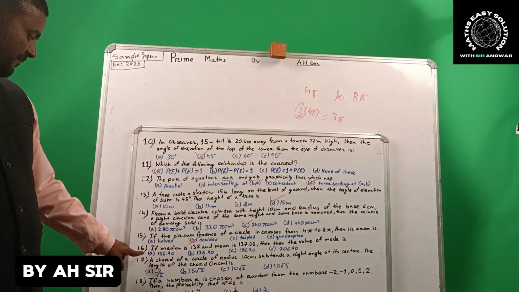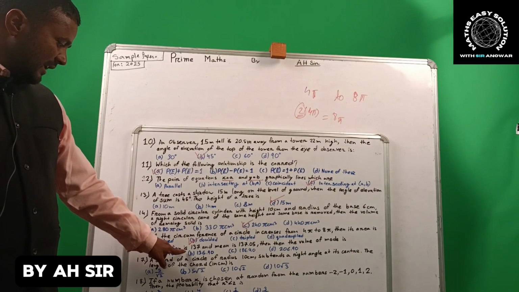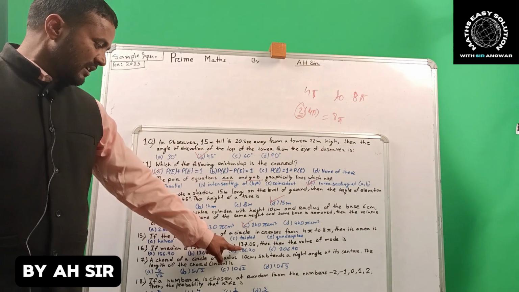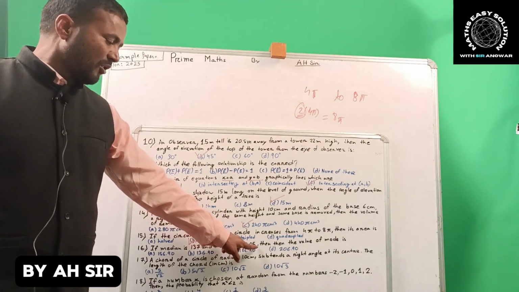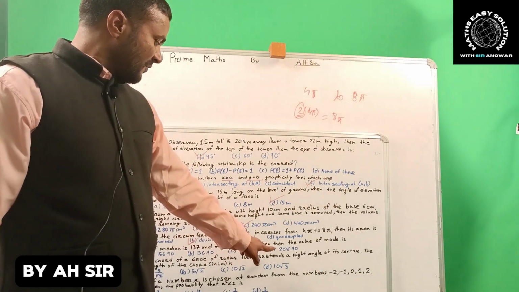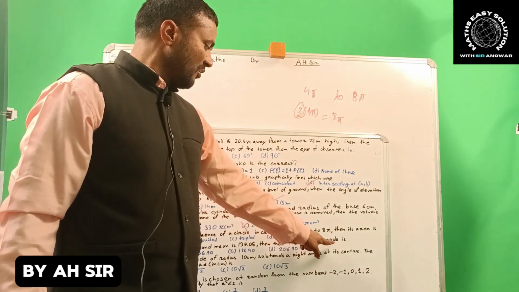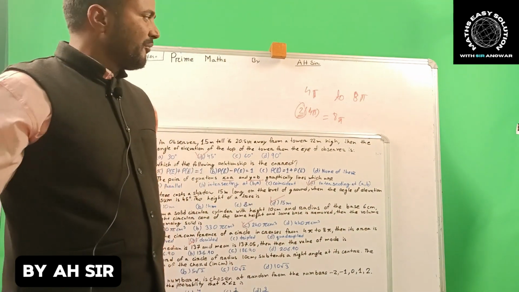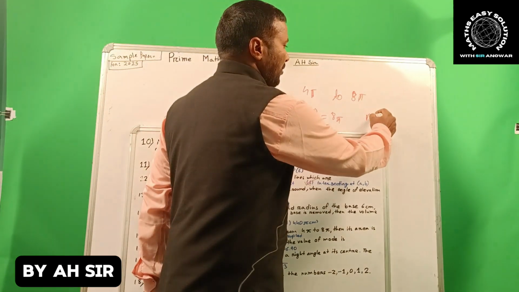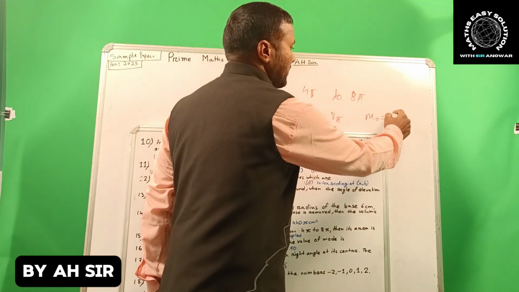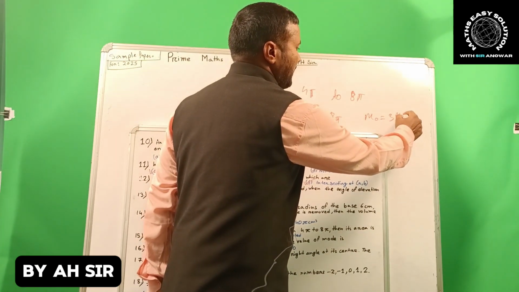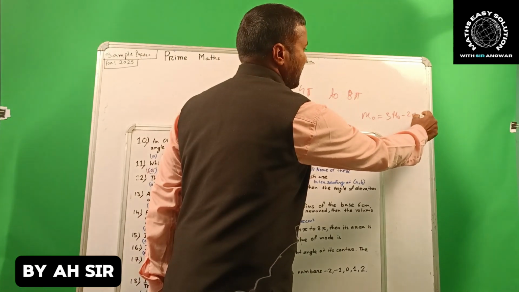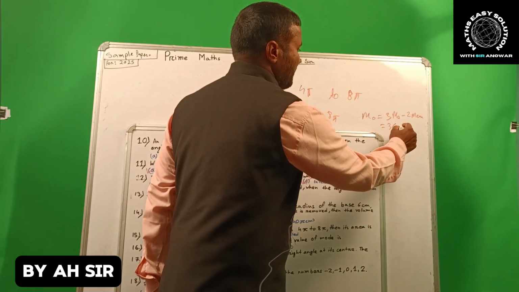After that, look at the next one. If median is 137 and mean is 137.05, then the value of mode is. We have a formula for mode, median and mean. The formula is like this: mode M0 equal to 3 median minus 2 mean. So if you apply here, 3, median is given here.